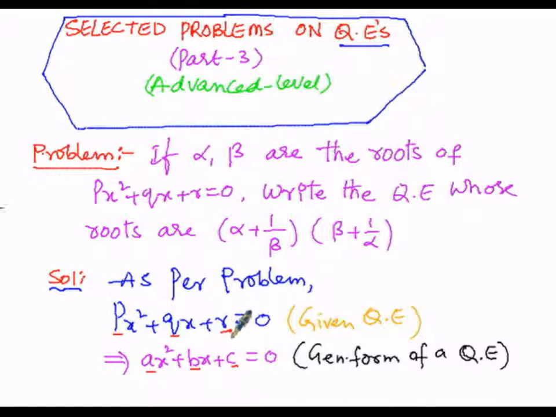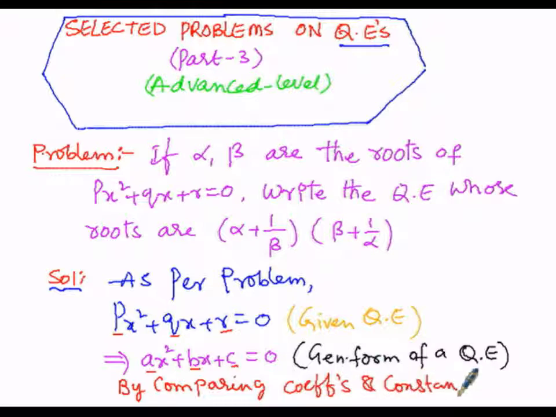So here by comparing the coefficients as well as the constants of the quadratic equation in the general form with the given quadratic equation, we can write a equals to p, b equals to q and c equals to r.